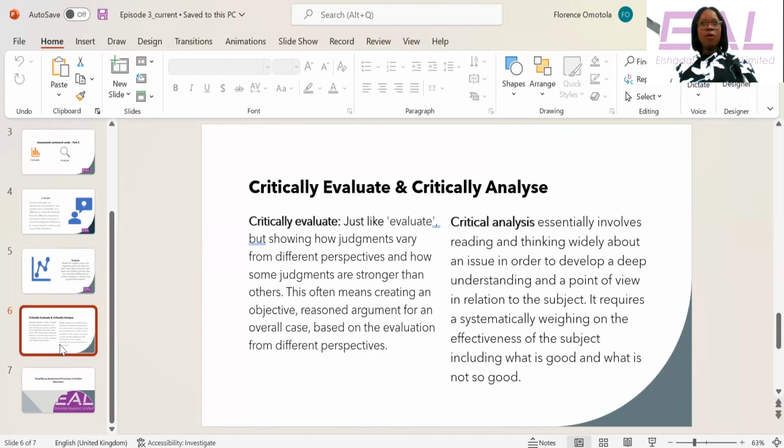So when you are evaluating the Health and Safety at Work Act 1974, you want to be looking at the flaws. Maybe you want to talk about the fire safety part of that act, which is still part of health and safety.